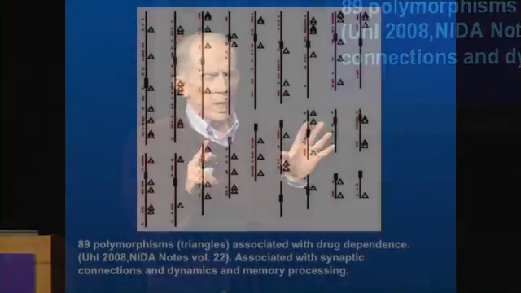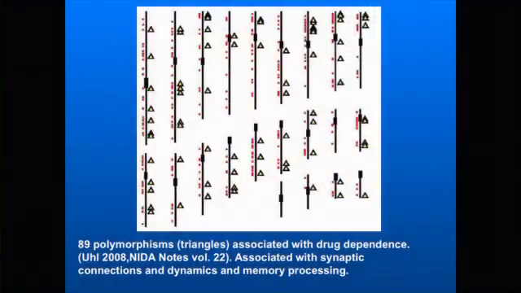So when we look at these polymorphisms, we can associate these with all sorts of stuff. We can associate polymorphisms with diseases. So some polymorphisms cause disease because the variant protein doesn't do its job properly, and so it's pathologic. We also know now that polymorphisms are associated with drug abuse and addiction.